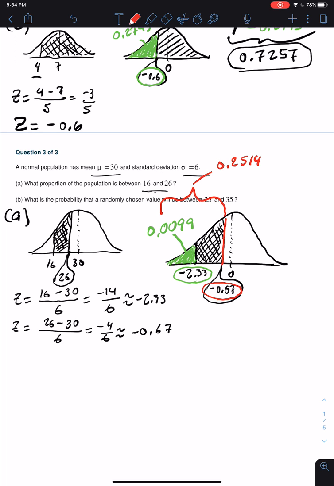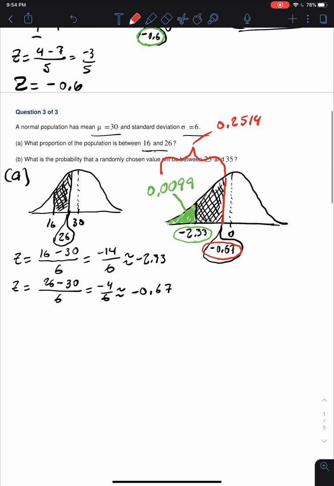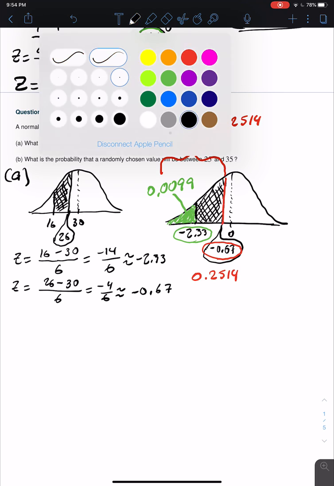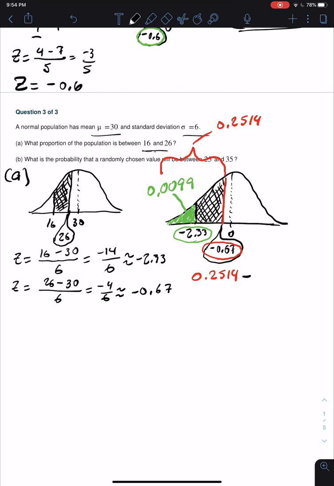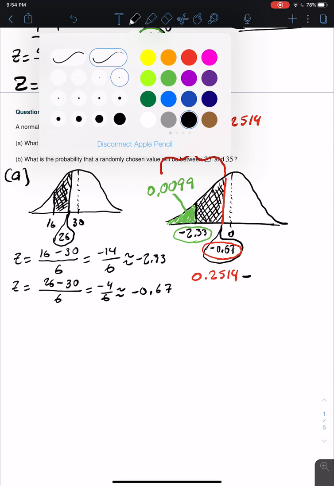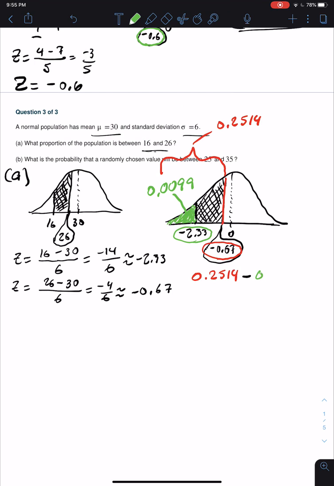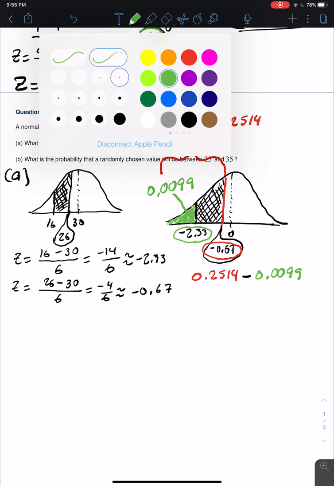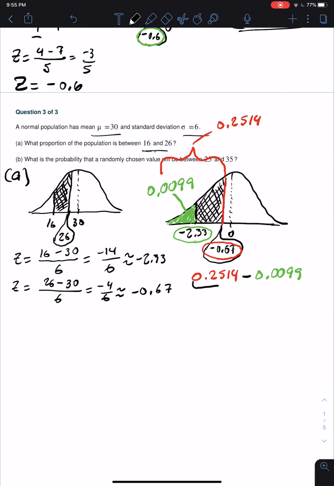To get the resulting shaded region, we take the larger area, which is 0.2514. We subtract out the smaller area, which is green, which was 0.0099, and that will give us the resulting band that we're looking for.